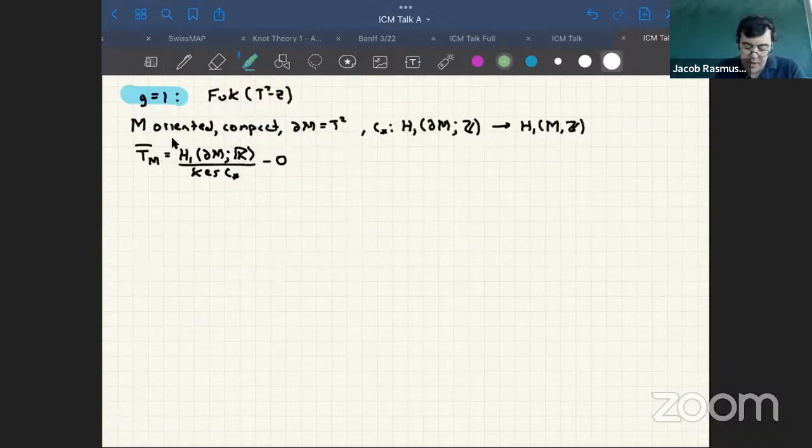But now, let's focus on the case where G equals 1. So now we're imagining that we have an oriented compact 3-manifold with a single torus boundary component. Then we're supposed to be looking at the Fukaya category of the torus minus a point.